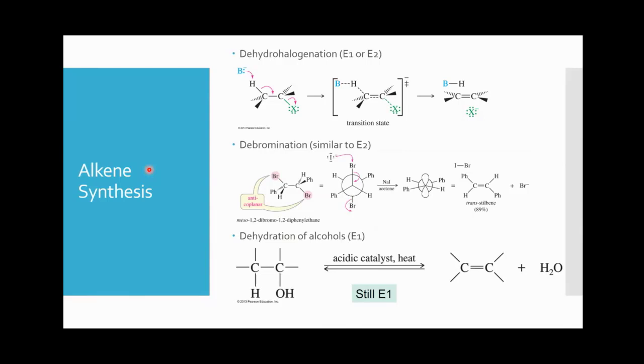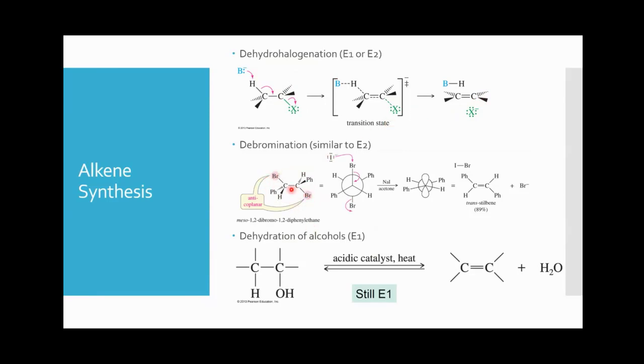So when making alkenes, there's really three ways you could do it. They're all elimination reactions. The E1, E2 is just called dehydrohalogenation, which means we remove a hydrogen and remove a halogen.